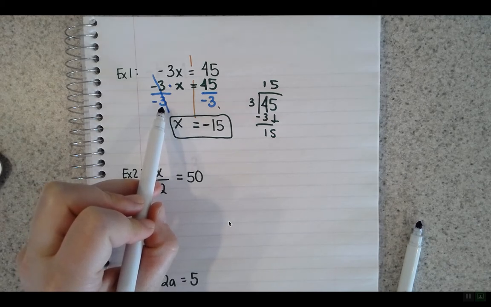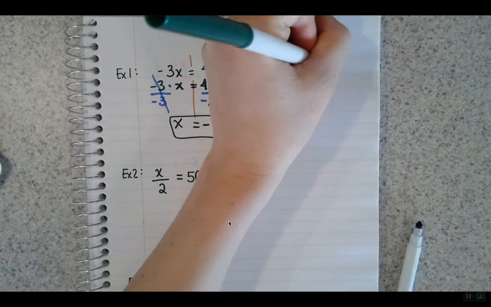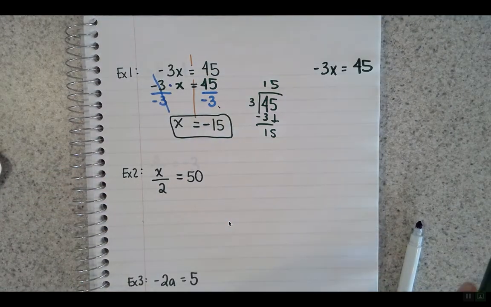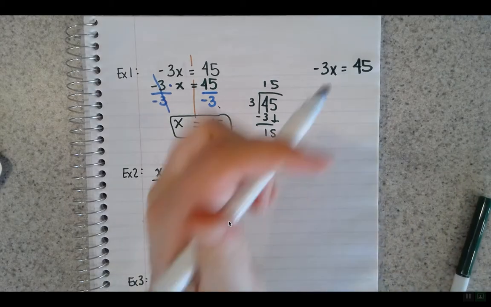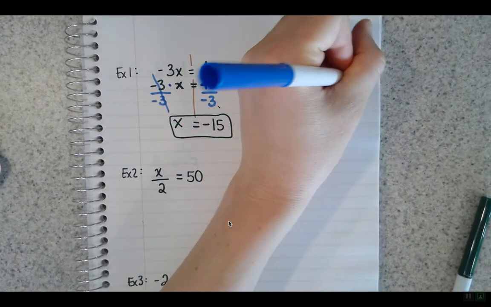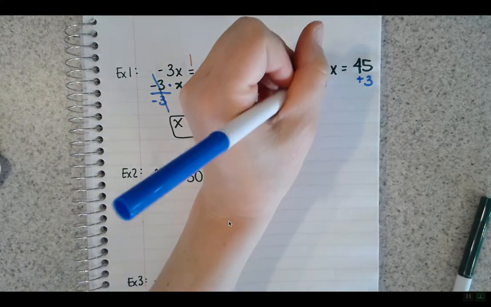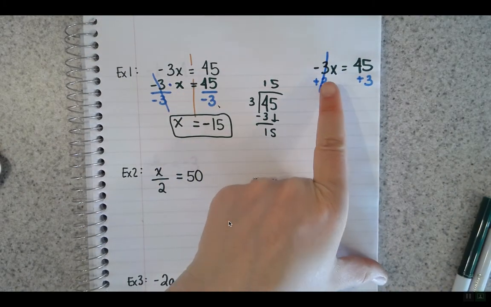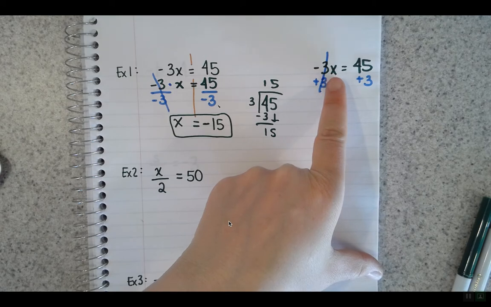Now, the most common mistake I see students make with this problem is this. Students see the -3 and think, oh, I need addition. The main operation in between the -3 and the x is not addition.